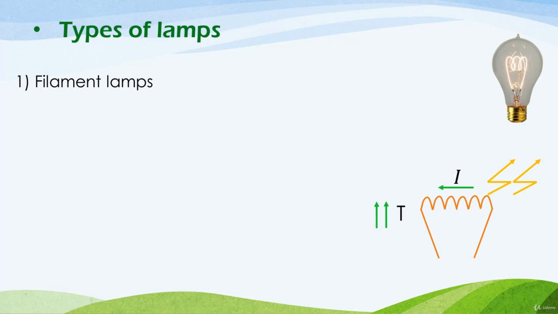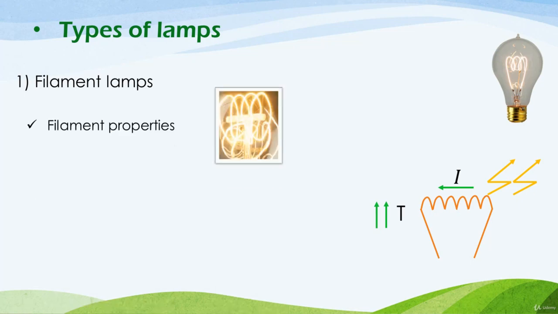But this filament material itself must have some specific properties to do its job well. So the first property is that it must be made of a material that is capable of increasing its temperature highly, like tungsten, and the aim of that is to produce the required light. As when its temperature increases, the lamp produces a larger light.